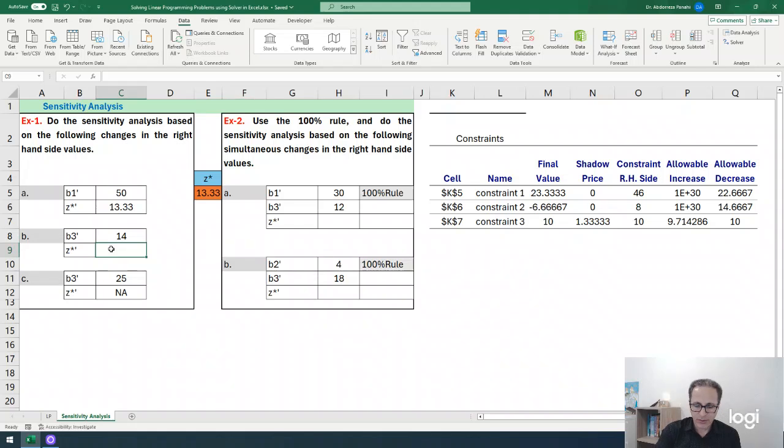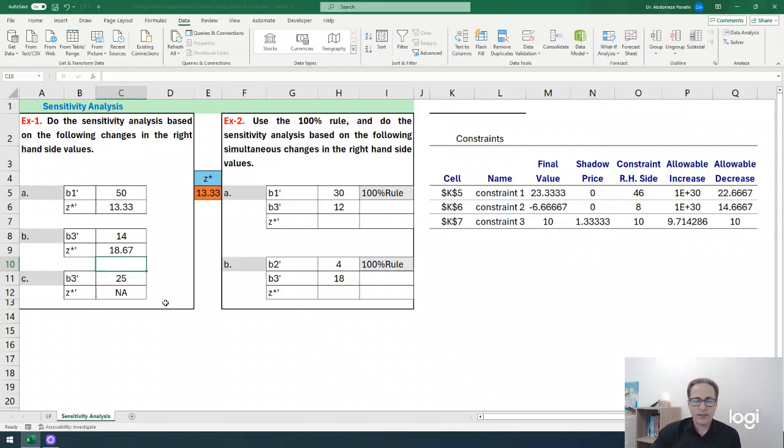The same way, it's going to be equal to the old Z star plus the change, which is the new one minus the old one, which is 10. Look, this is the constraint's right hand side, the exact value for the original problem, multiplied by the shadow price. So we predict that it should be 18.67 without solving the problem.